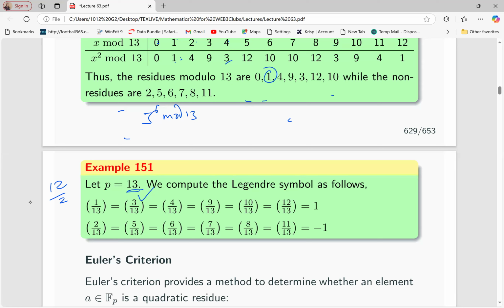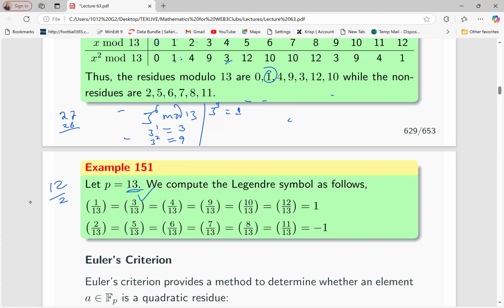You can use the fast powering algorithm. 3 raised to 1 is just 3. 3 raised to 2 is 9. We want to go up to 3 raised to 6. So 3 raised to 3 would be 27, which is 27 mod 13. 13 times 2 is 26, which gives us 1.